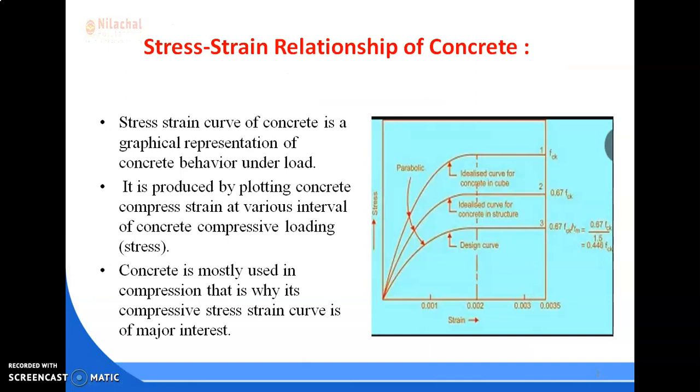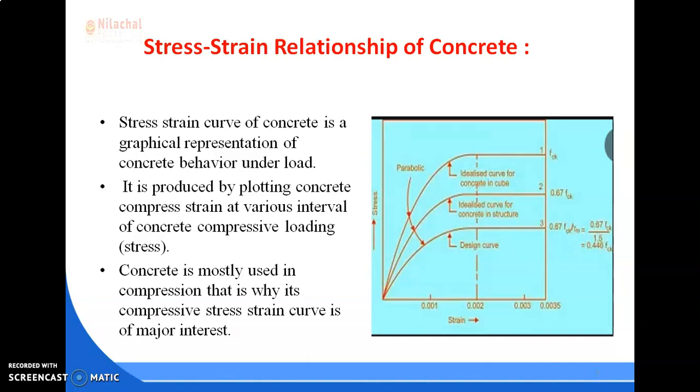Next is stress-strain relationships of concrete. The stress-strain curve of concrete is a graphical representation of concrete behavior under load as shown in the figure. It is produced by plotting concrete compressive strain at various intervals of concrete compressive loading or stress. It is mostly used in compression, that is why its compressive stress-strain curve is of major interest.